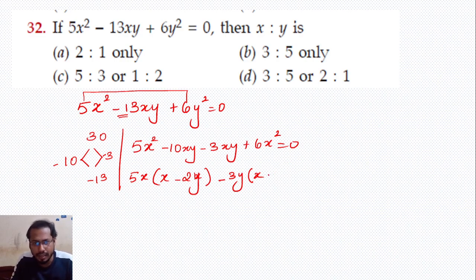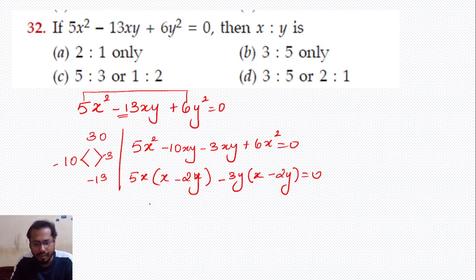Yes, x minus 2y. x square went there, take y here. Okay, right. So that is equal to 0.